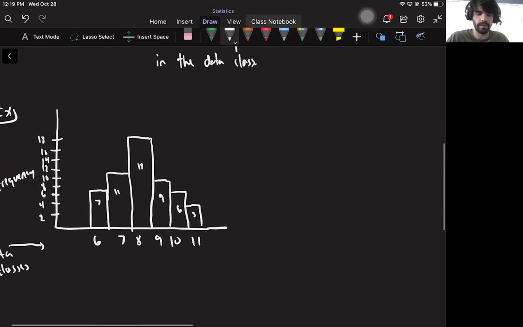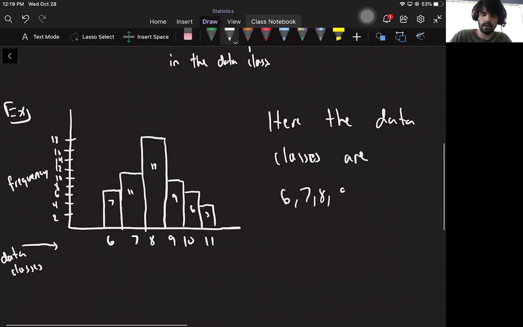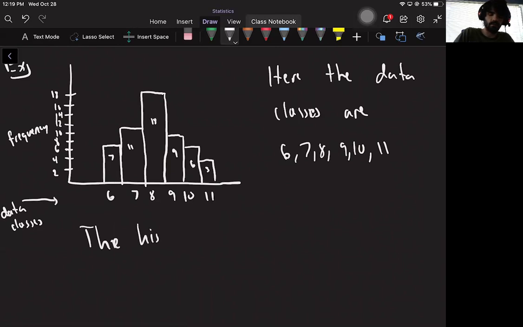Okay, so now let's say some stuff here. What's going on? The data classes are, like I said, 6, 7, 8, 9, 10, and 11. So there are 6 of them. And the histogram tells us what the data is. So what does it tell us?